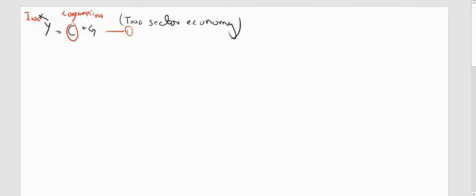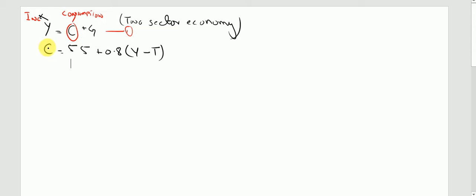Now the second equation is C equals 55 plus 0.8 (Y minus T).